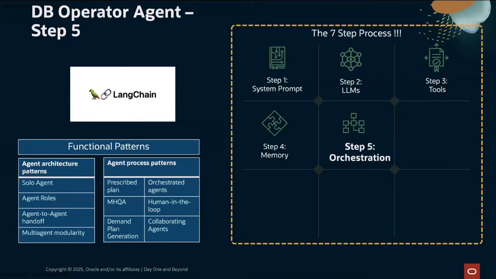Also, one important thing to note here is how the agent processes patterns, right? In this case, we introduce human in the loop because it's important that with this DB operator, when I'm writing a SQL query, I, as a developer, as a DBA, just do not close my eyes and approve my SQL query. It can go and destroy my database, right? So that's not what I want.